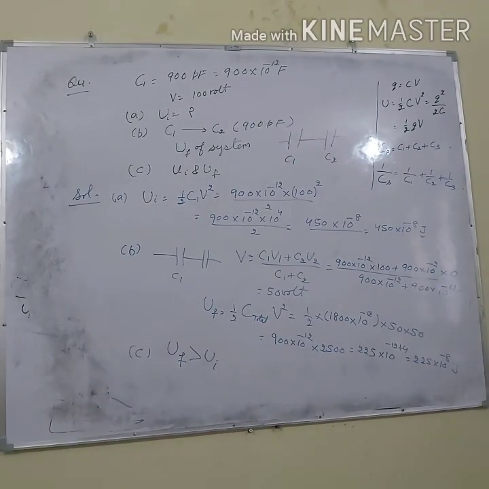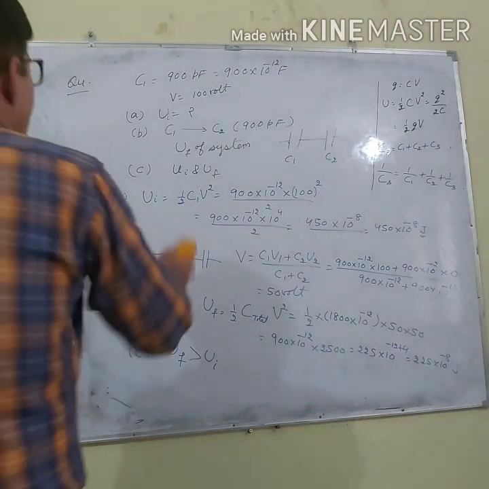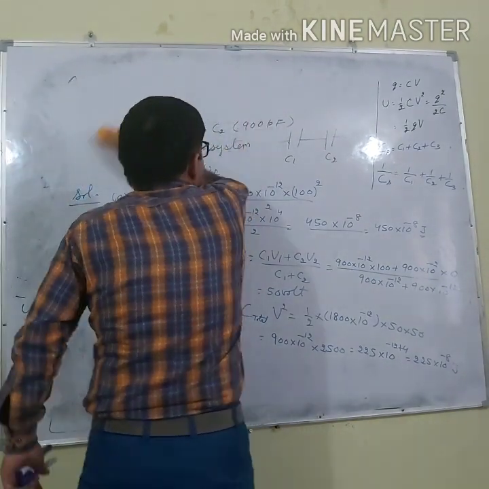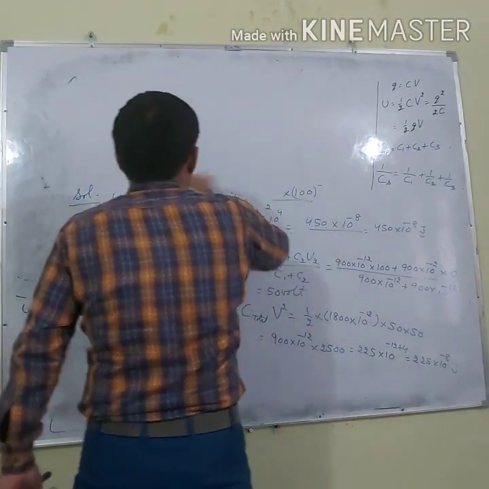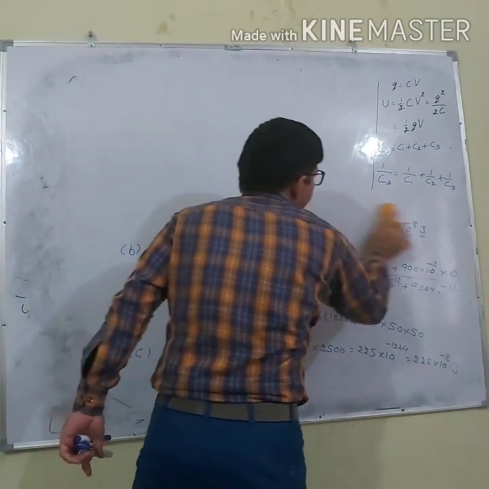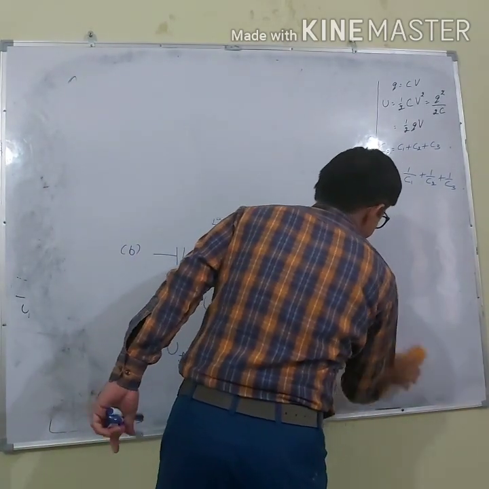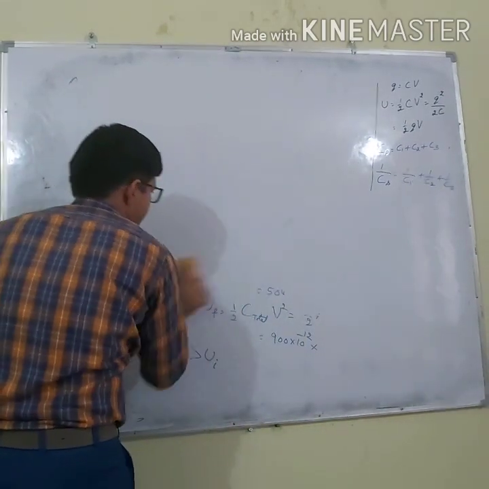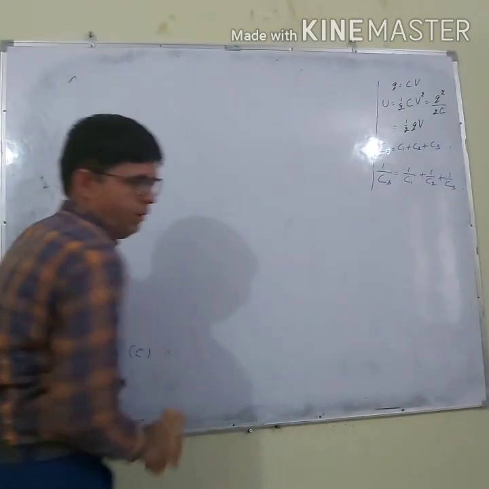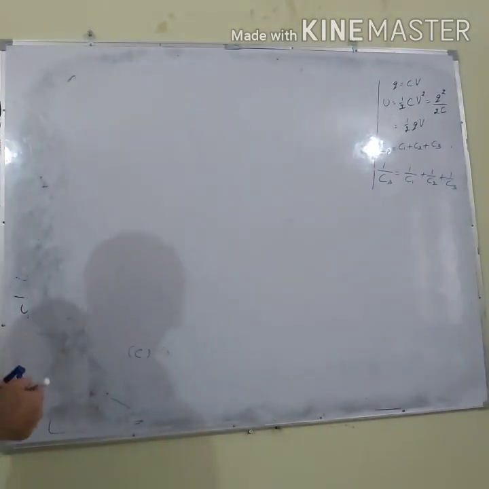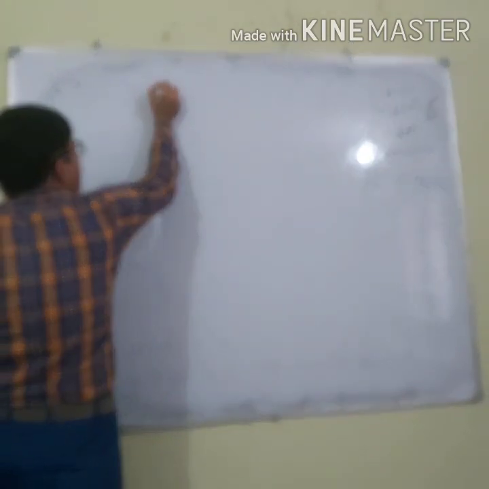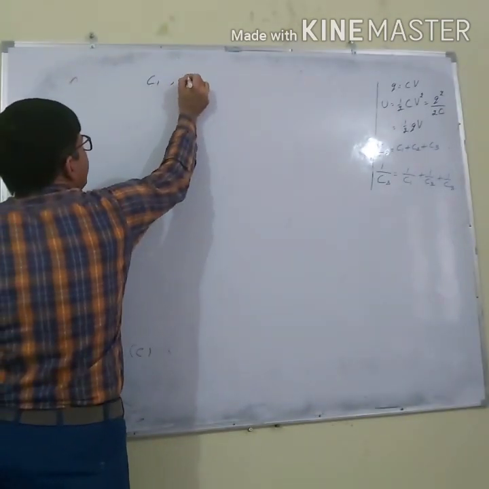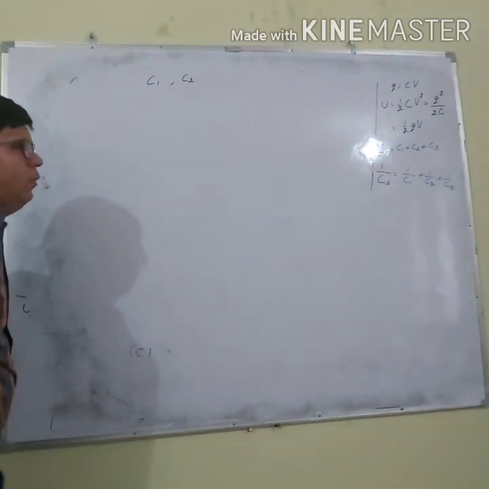Next question is, you are given two capacitors, let us say C1 and C2.